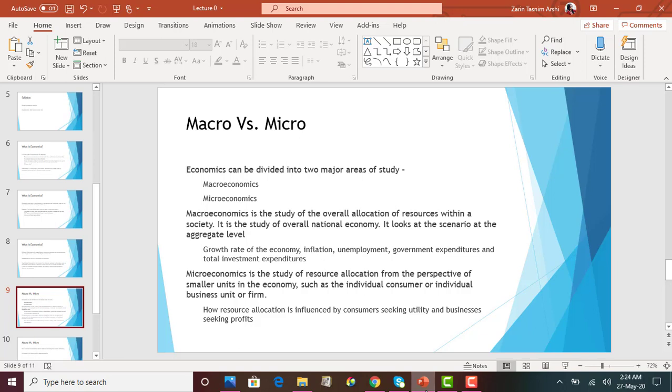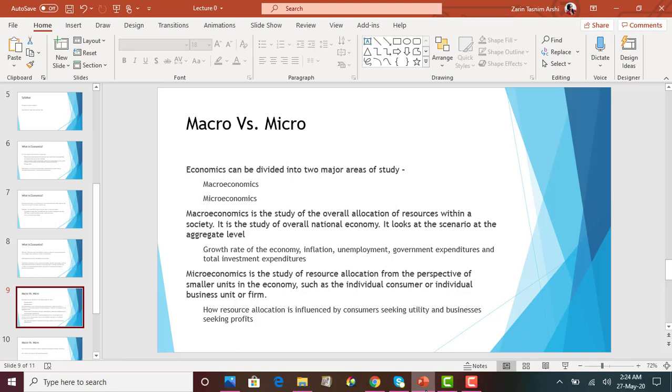Now, the other type of study is called microeconomics. Basically, it is the study of how you allocate the resources from a smaller perspective, from an individual perspective. How you will allocate the resources as a consumer. So when we go to Walmart, how are we going to make the choices? How are we going to allocate our resources? So as an individual consumer, or how you will make a choice as a business. Let's say you have an auto dealership business, or let's say you have a car business.